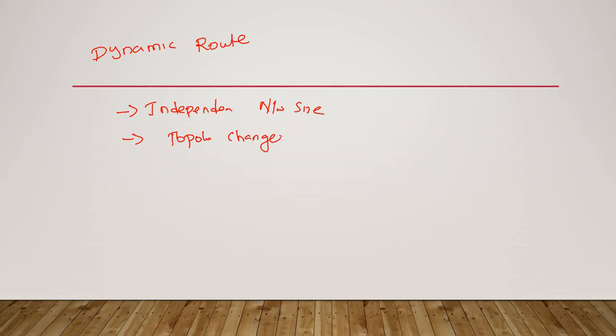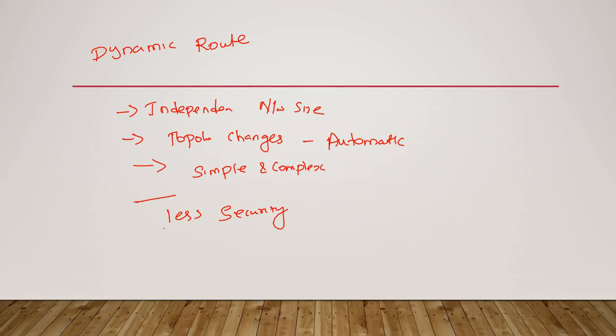Whenever the topology changes, it adapts automatically. It is also suitable for all kinds of environments, simple and complex. When we go for security, it is comparatively less secure, because there is no major intervention from the admin.